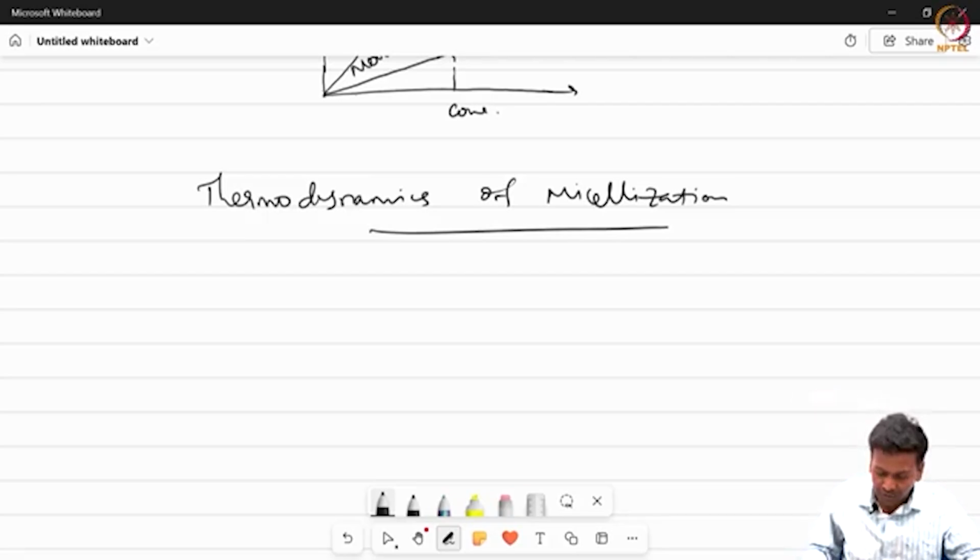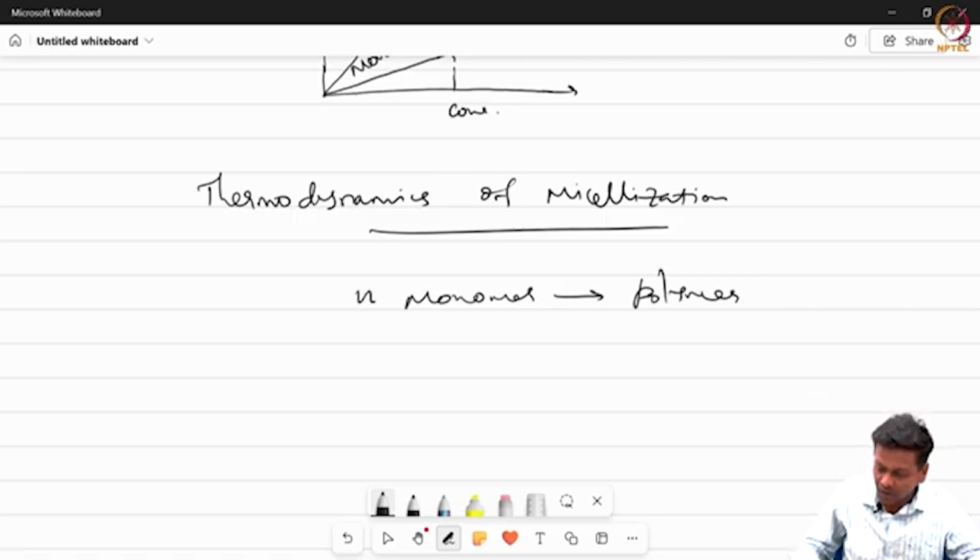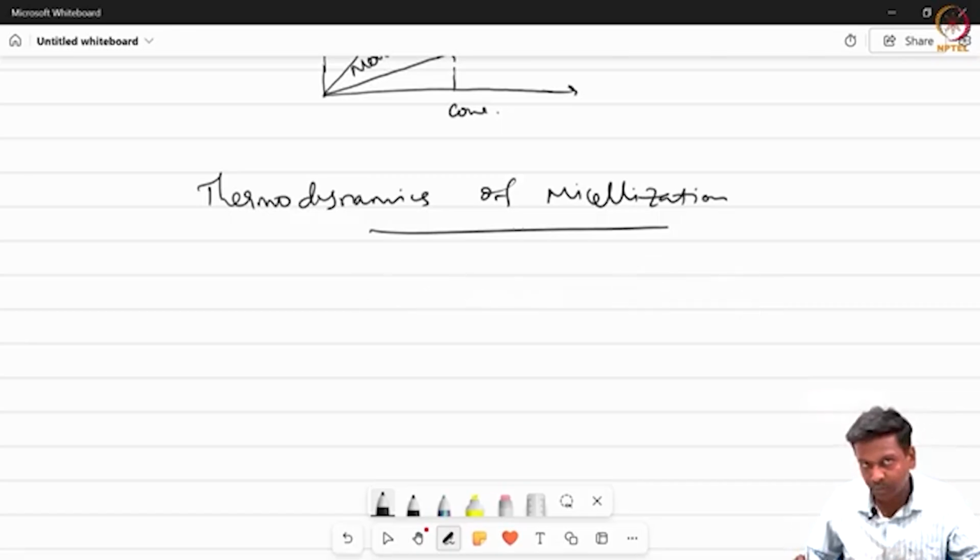During this process, we can use the reaction approach to represent the scheme. For example, we know the polymerization reaction, where monomer is simply converted into polymer. If you have n number of monomers, you will have a polymer with n number of segments, right? So this is the simple reaction approach that we use for polymerization. We can use a similar approach.